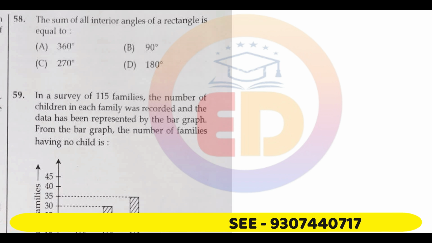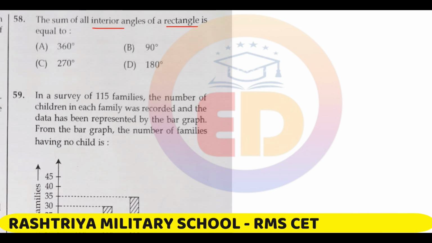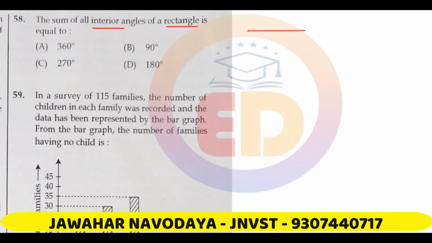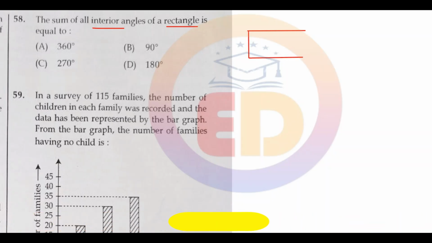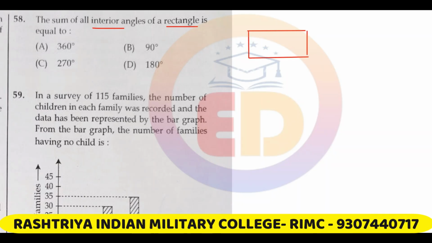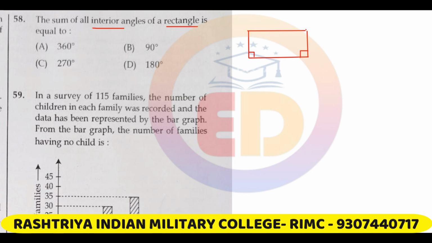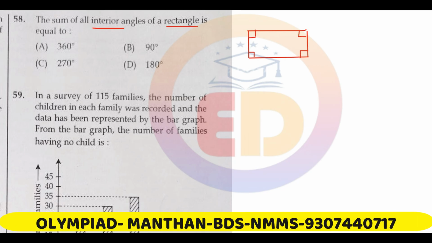Question number 58. The sum of all interior angles of a rectangle. Now talking about the rectangle, it is a 4-sided polygon, and in a 4-sided polygon, also called quadrilateral, the sum of all the angles is 360. Moreover, rectangle also we know that every interior angle is 90.